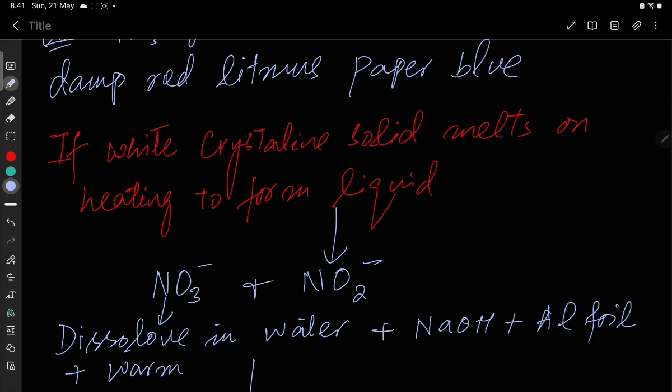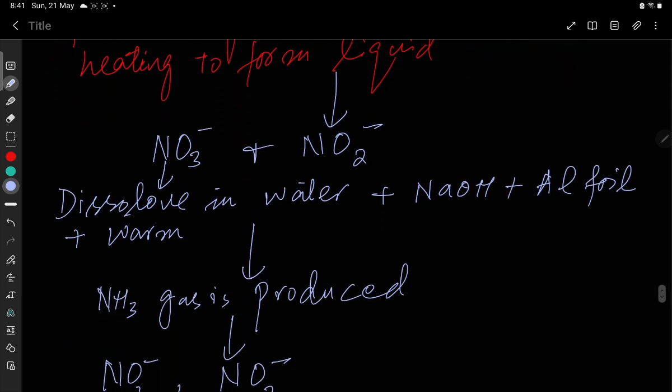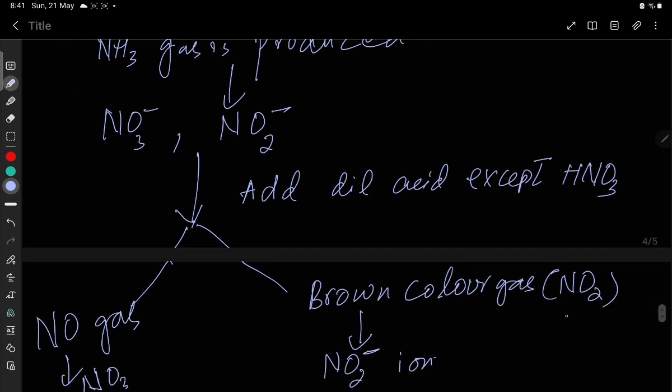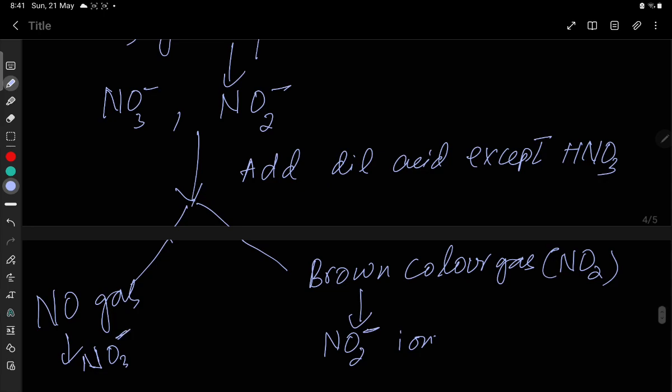So dissolve this solid in water, add sodium hydroxide plus aluminum foil and warm the solution. If ammonia gas is produced, then both nitrate and nitrite ions are confirmed. To differentiate between these two ions, add dilute acid except nitric acid. If brown colored gas nitrogen dioxide is produced, it confirms nitrite ion. But if no gas is there, it confirms nitrate ion.